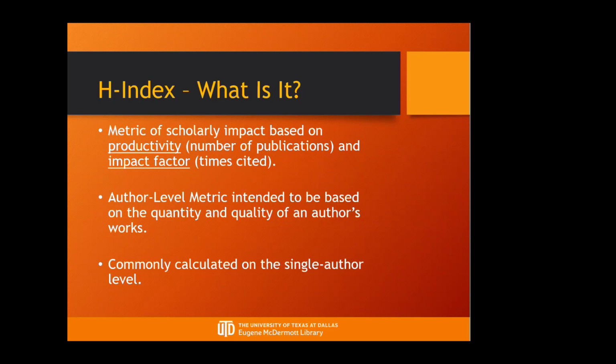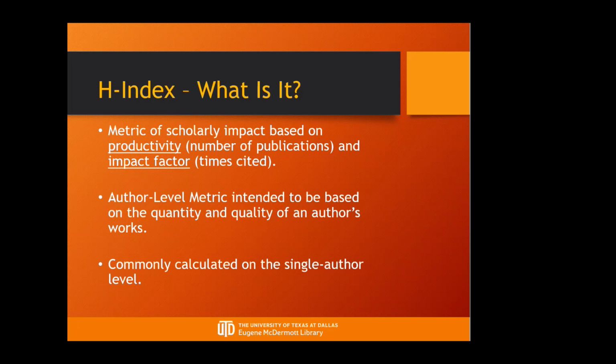So the H-index, what is it? The H-index attempts to measure both the productivity and citation impact of the published body of work of a scientist, scholar, or author, and it is based on the set of the author's most cited papers and the number of citations that they have received in other publications. Typically, those publications that are being tracked are scholarly or peer-reviewed journals.